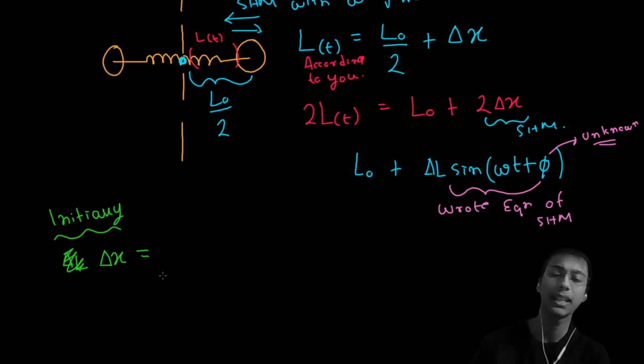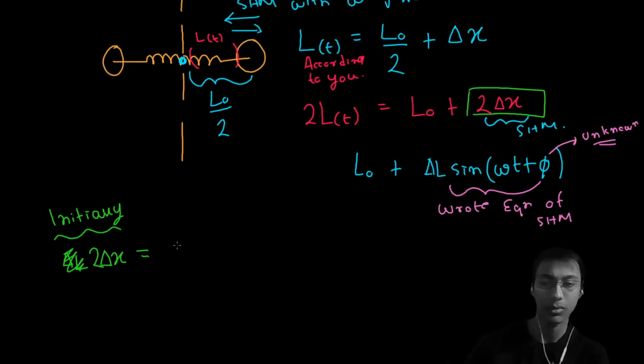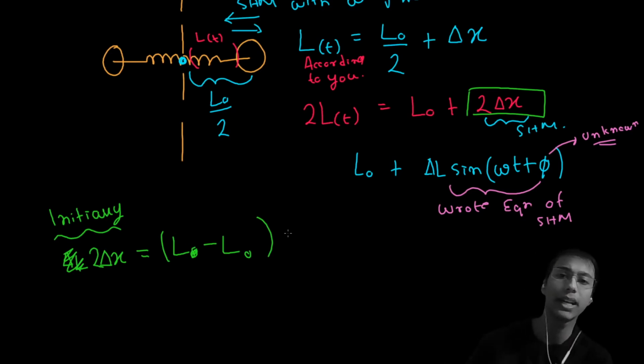It was something like, rather 2 delta x, because this is the entire picture, right? 2 delta x was L minus L naught, final length minus initial length. So if the ultimate 2 delta x is L minus L naught, this would be nothing but the amplitude.